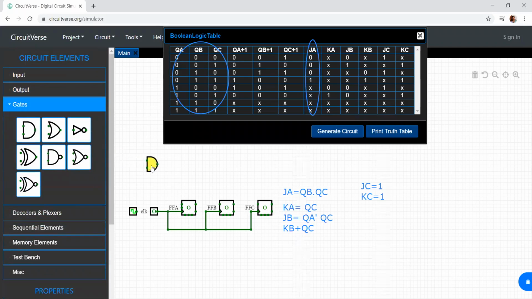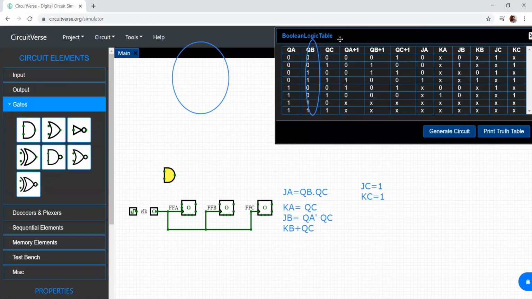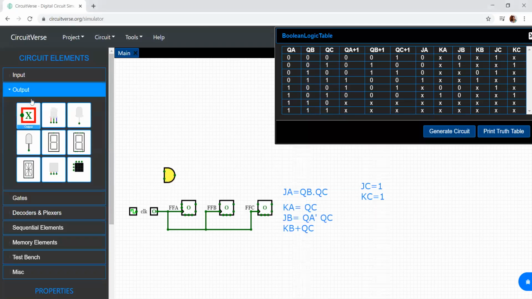So I require an AND gate. Now what is the input to the AND gate? Before that, let me label the outputs so it is easy for us. This output is QA. If this is QA, the other one should be QA bar.